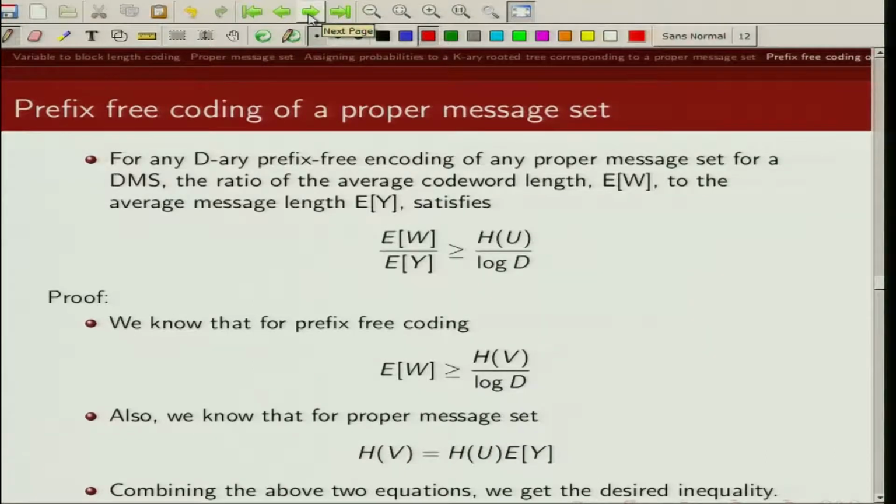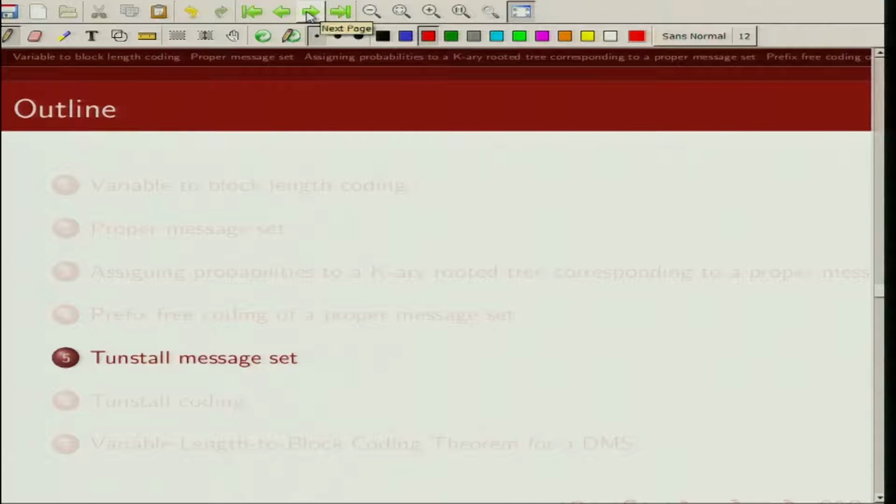Okay. Now let us go back to proper message set and let's talk about how we can design a proper message set that will maximize my expected value of Y. Remember, in the case of variable to block length coding, the goodness of the code is determined by how small this quantity is.